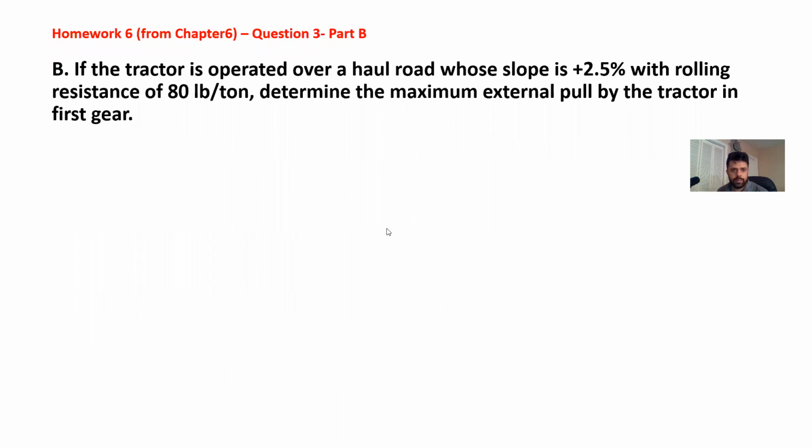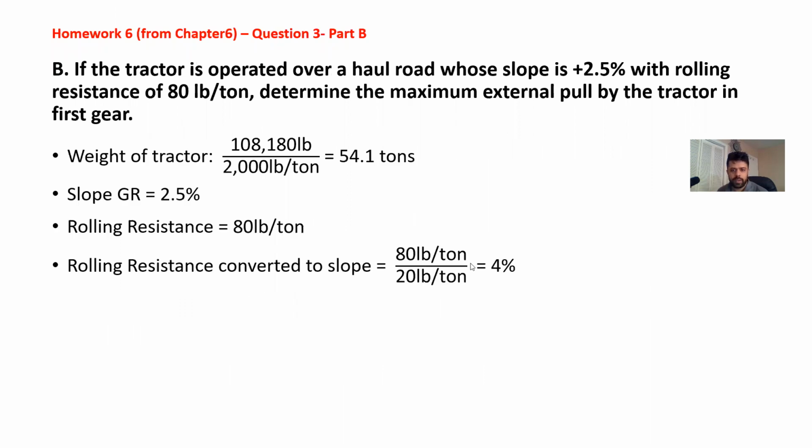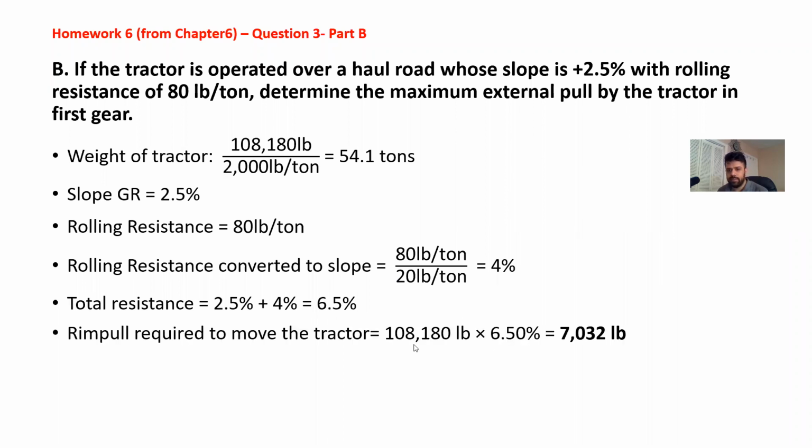So the total resistance is 6.5%. 6.5% multiplied by the weight of the vehicle is this much. This is actually the rim pull required to move the tractor. In other words, this is the total resisting forces.